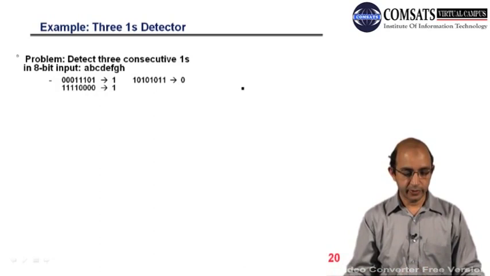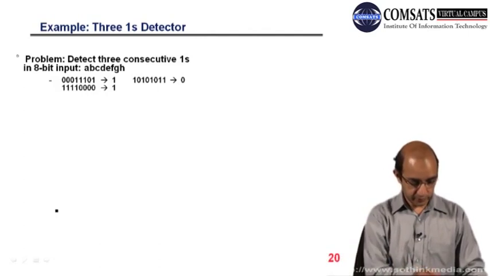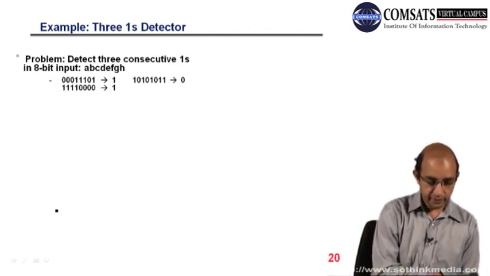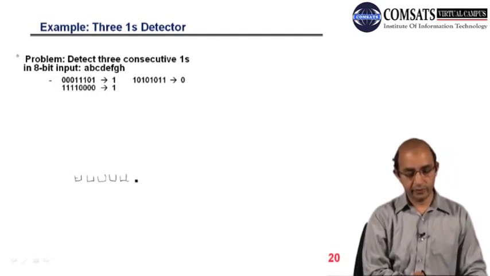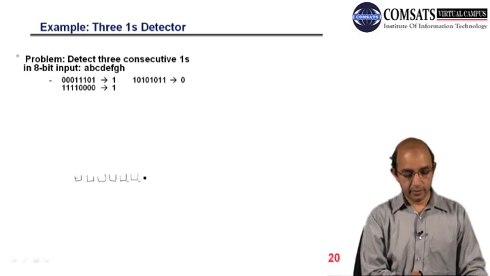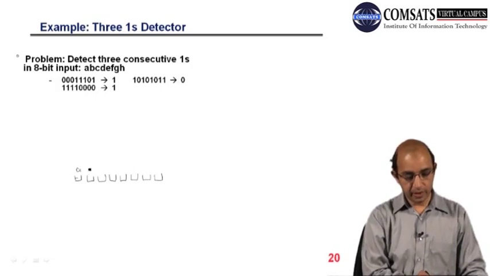So let's say we have 8 different bits, or 8 different slots, 1 2 3 4 5 6 7 8. I've named them A, B, C, D, E, F, G, H.